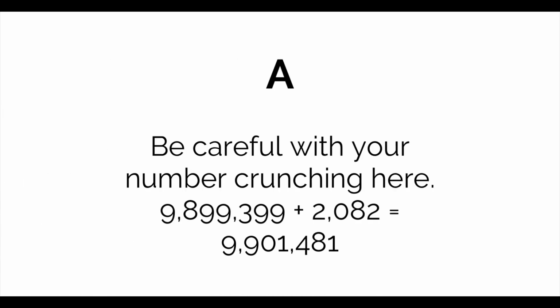The correct choice is A. Be careful with your number crunching here. 9,899,399 plus 2,082 equals 9,901,481. Choice A.